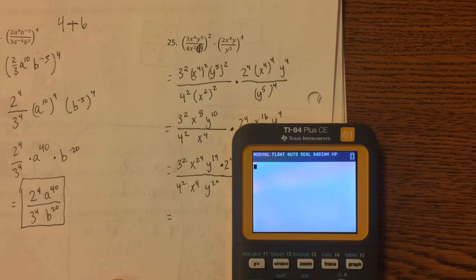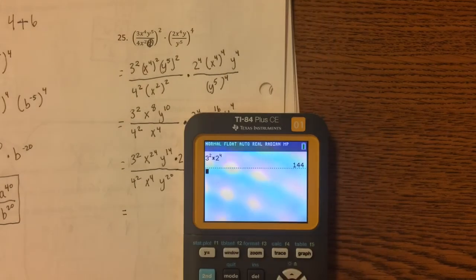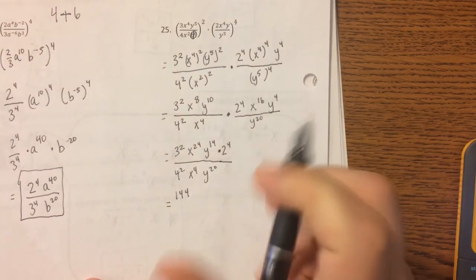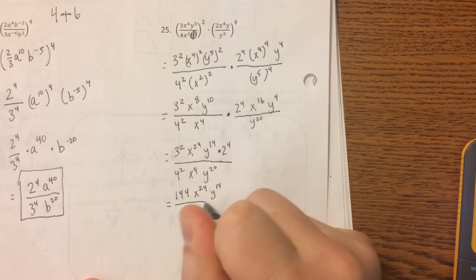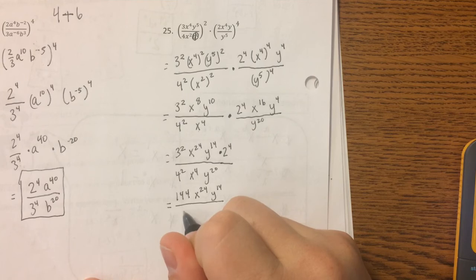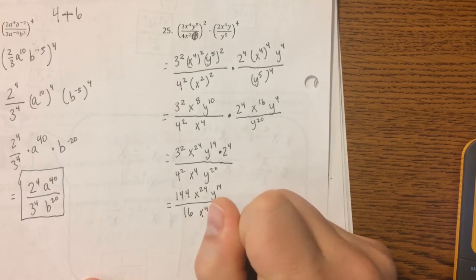So 3 squared times 2 to the 4th is 144. So that's going to be that coefficient in the numerator. So 144, x to the 24th, y to the 14th, over, what's 4 squared? 16, x to the 4th, y to the 20th.